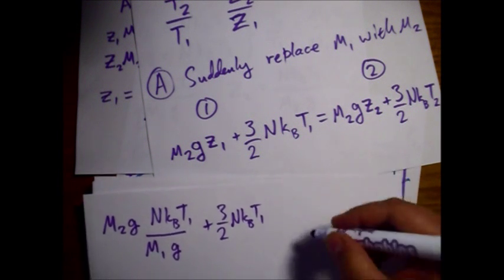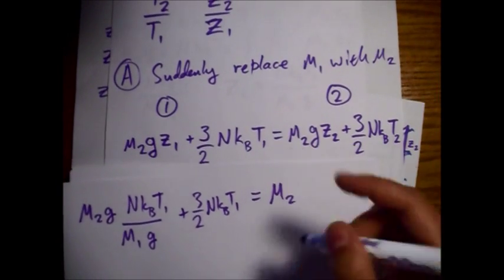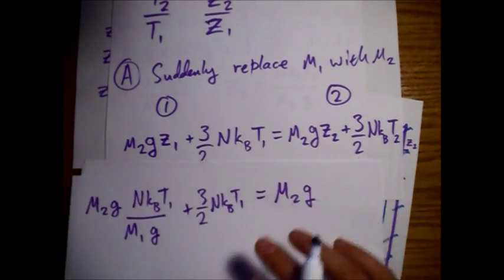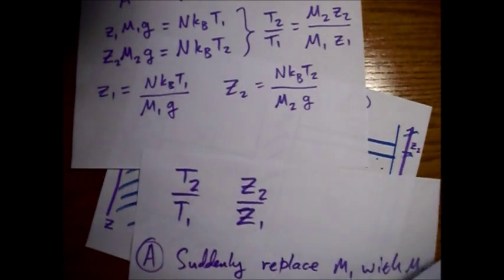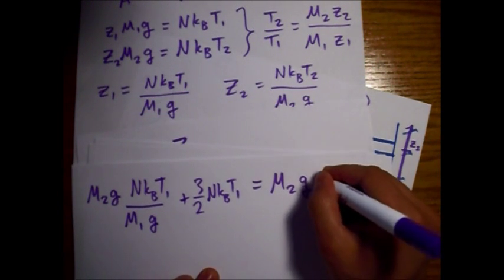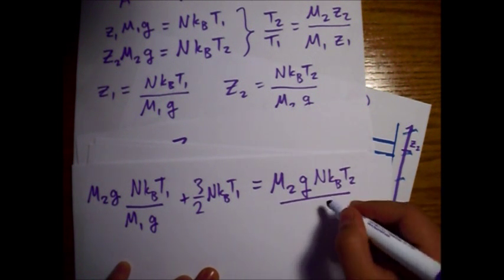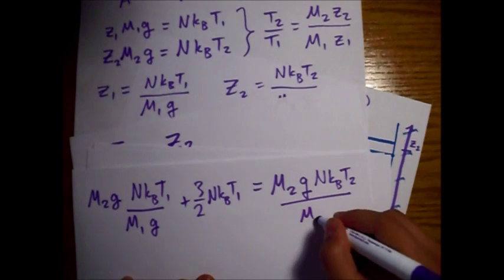Then M2G, and we plug in our Z2, which is N kBT2 divided by M2G.